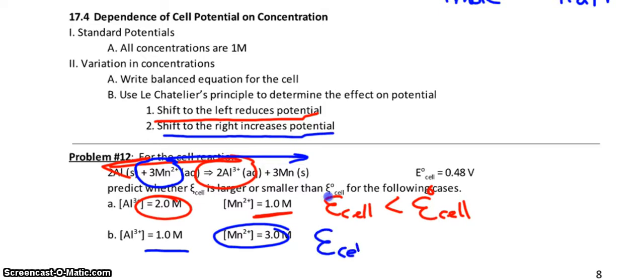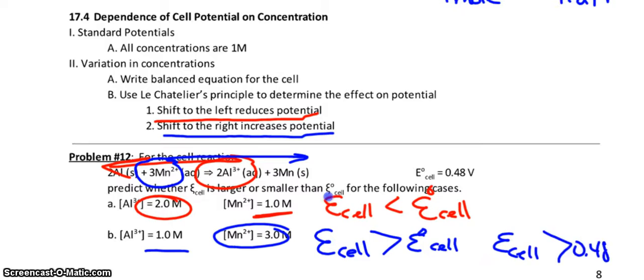So I would expect the voltage reading to be greater than the E cell at standard. So the E cell is actually greater than 0.48 volts. That's what I predict will happen. It's just like Le Chatelier again.